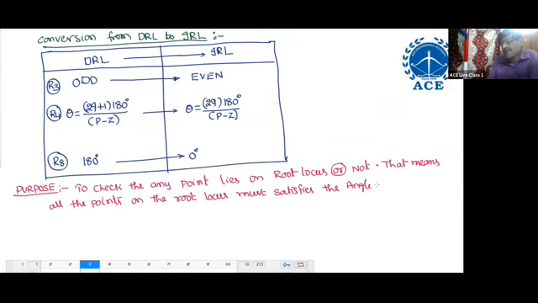So if a point is on the root locus, it should satisfy the angle condition.